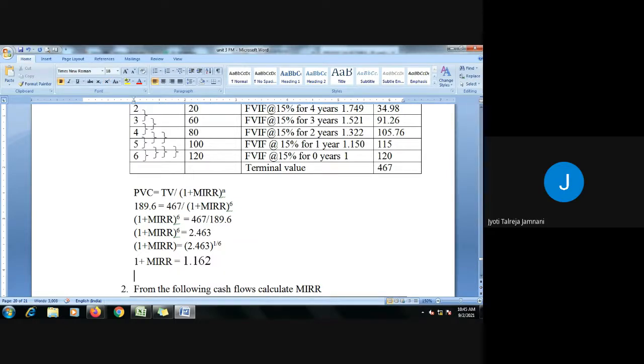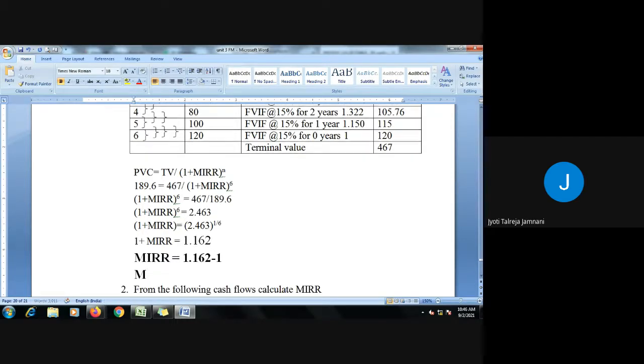Okay, so now MIRR is equal to, that 1 plus MIRR, the 1 we will get this side, so it will be 1.162 minus 1. If I get it this side, it will become minus 1. So MIRR is equal to 0.162. If I multiply it with 100, it is equal to 16.2%.